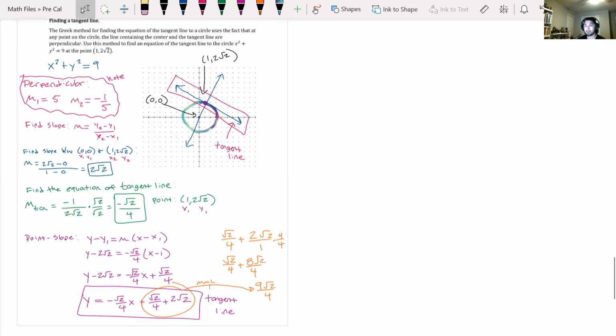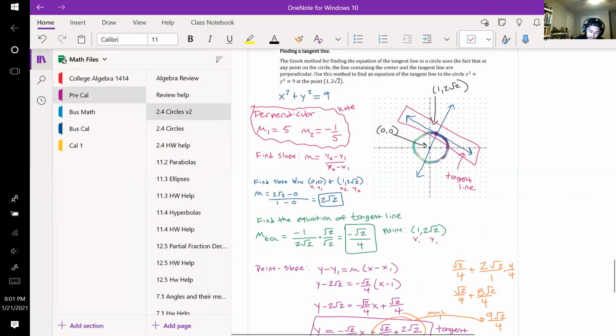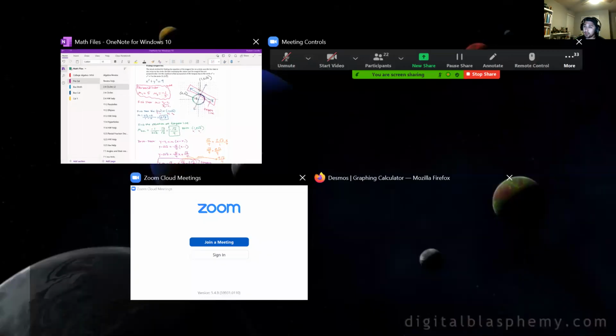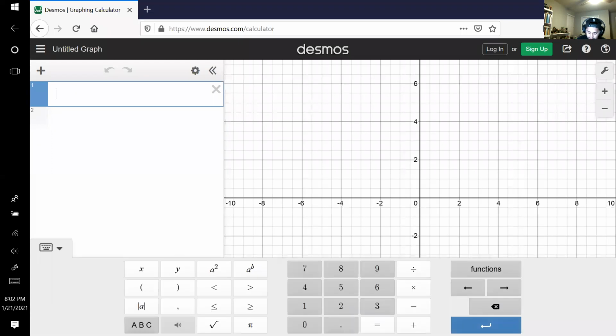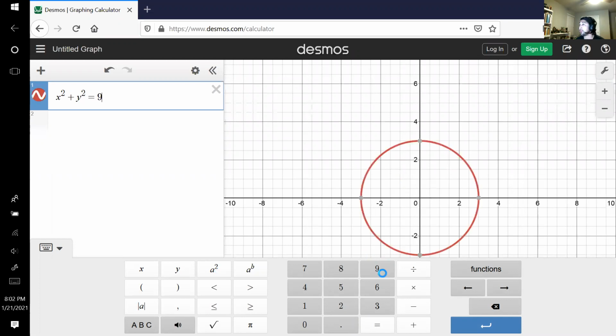Sweet. And then let's explore a little more. Do I have Desmos open? I think so. So I'm going to put this circle in. X squared plus y squared equal to 9. And then I'm going to type in the tangent line we just created.